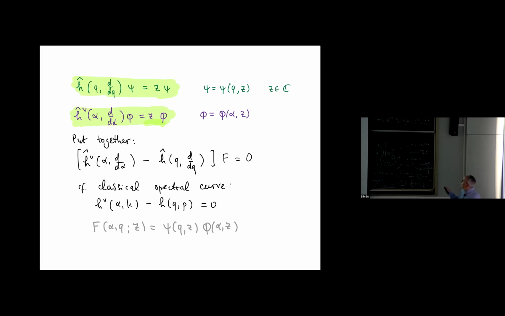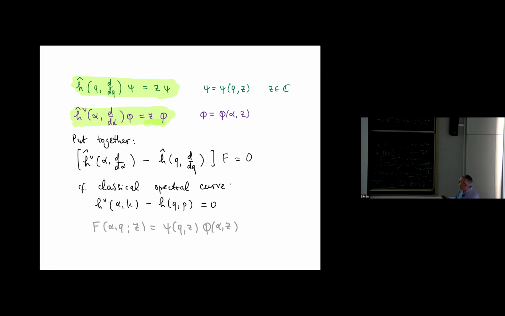So you get, if you wish, a pencil of ODEs, and the dual one looks similar, but in the spectral variable, and then you can put them together like this. So this is the quantum spectral curve, in the sense that if you fix the value of your quantum Hamiltonian, you get the second pencil of ODEs.